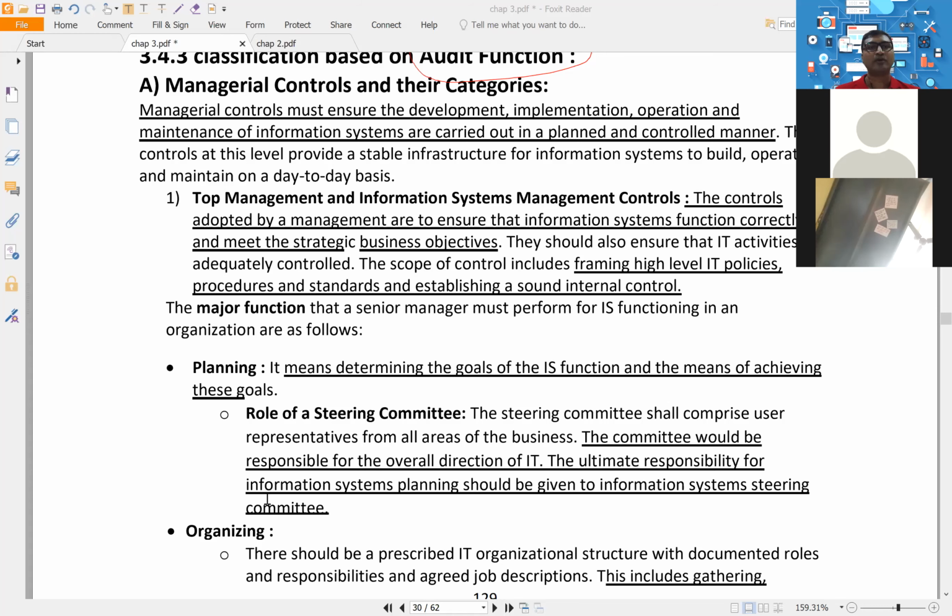Now, when I talk about managerial controls, obviously we think from the management point of view. Management and the board of directors understand it is not possible for them to be continuously involved in system development and systems maintenance. Because they need to do business, they take decisions about how to grow the business.